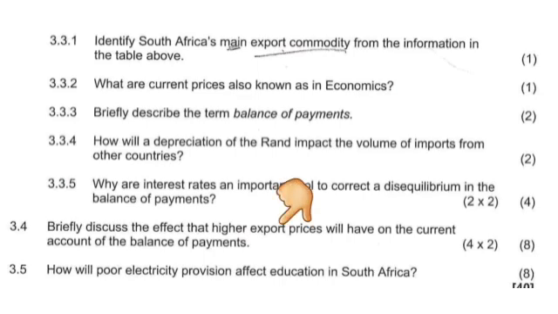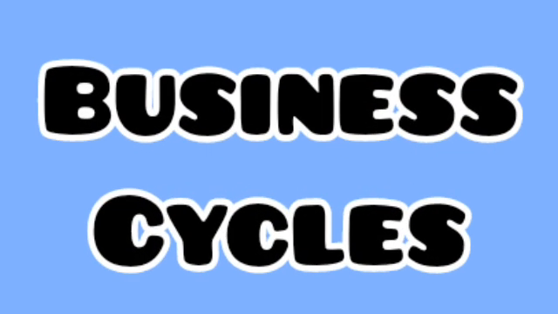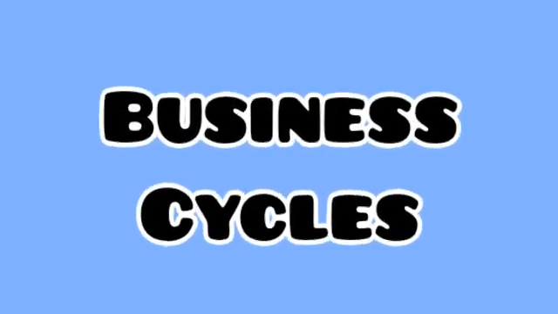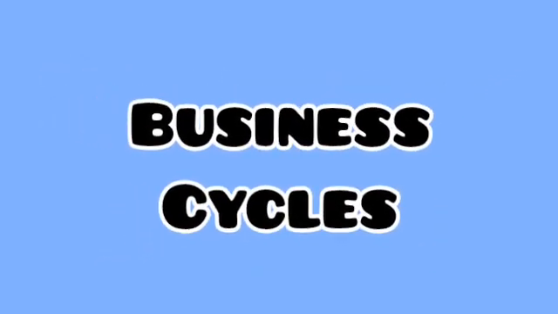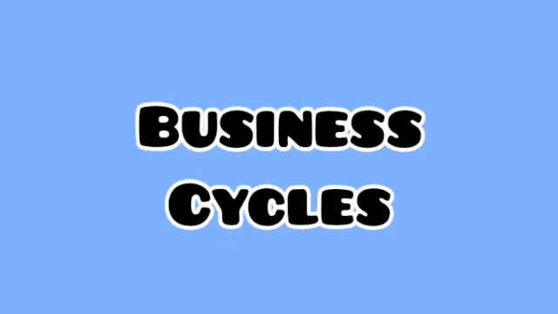Then in 3.4 we are discussing the export prices, whereas in 3.5 we are discussing the provision of electricity in South Africa. So let's go back to the first question that focuses more on the business cycle, and then we will move on with those questions as they come along.